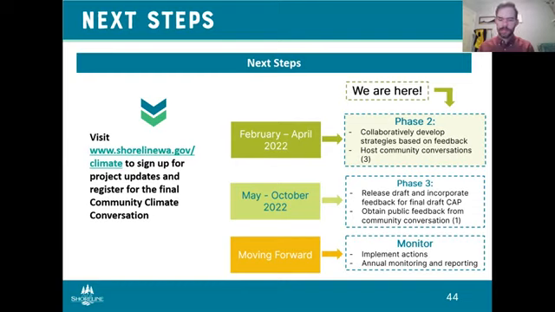But in terms of the next step, we'll also be doing a ranking and prioritizing process coming out of this based on your feedback, based off of a number of different criteria that we set early on in phase 1, and to create our short list of actions, which you will get to see again and provide more detailed comment on via a survey and via a final community climate conversation later this summer. So stay tuned for that.